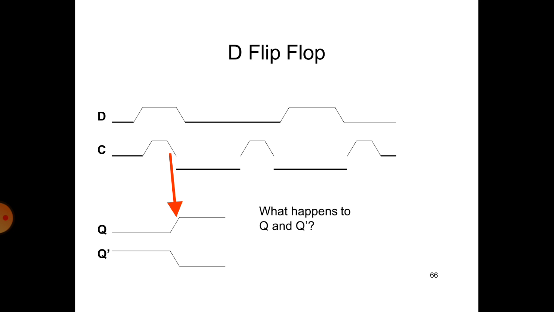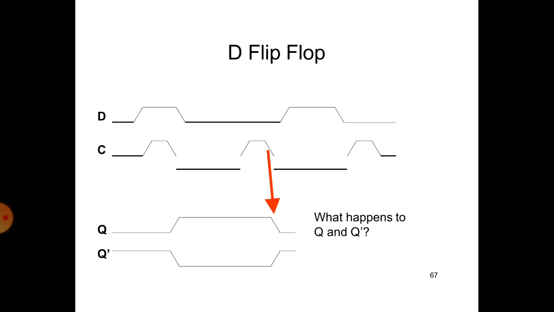Q bar will be low state, that is complement. So if D and C are low or 0, means Q is a low state and Q bar will be the high state. So this is a simple timing diagram representation of D flip-flop.